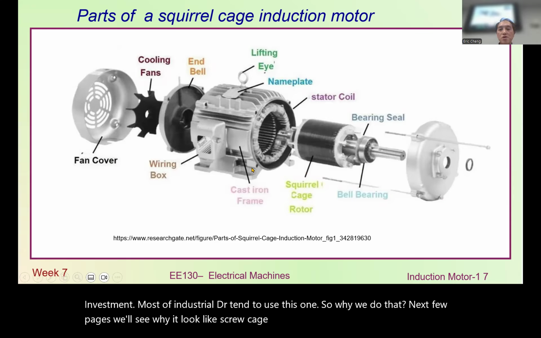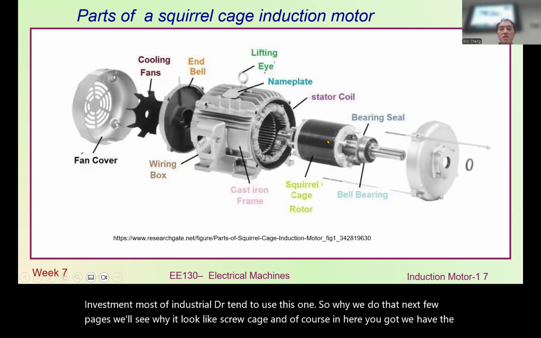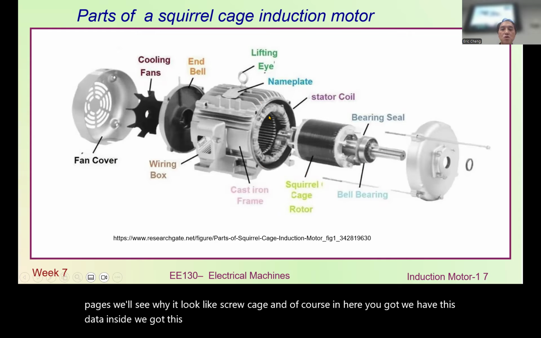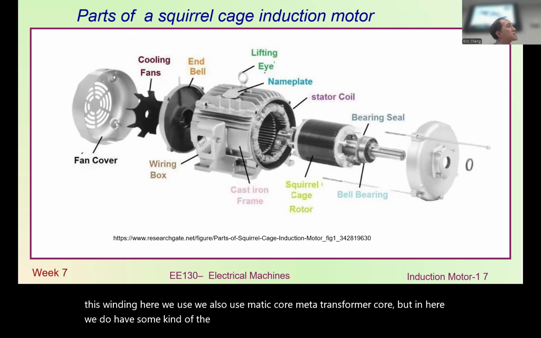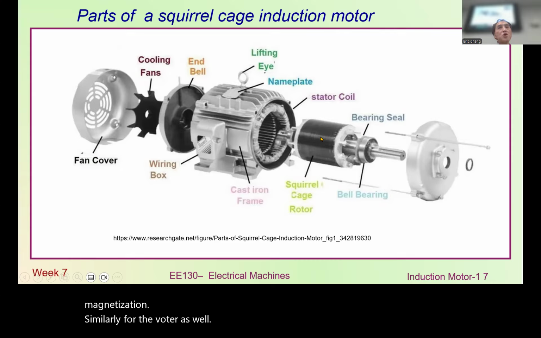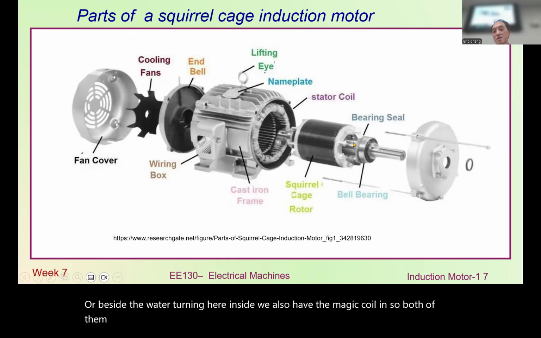And of course, in here, we have the stator. Inside, we've got this rotor. So the total configuration will be just that. Of course, for this winding here, we also use a magnetic core, like the transformer core. But in here, we do have some kind of silicon steel core inside to help us with the magnetization. Similarly for the rotor as well, besides the rotor turn in here, inside we also have the magnetic core. So both of them will be just as simple a structure as this.